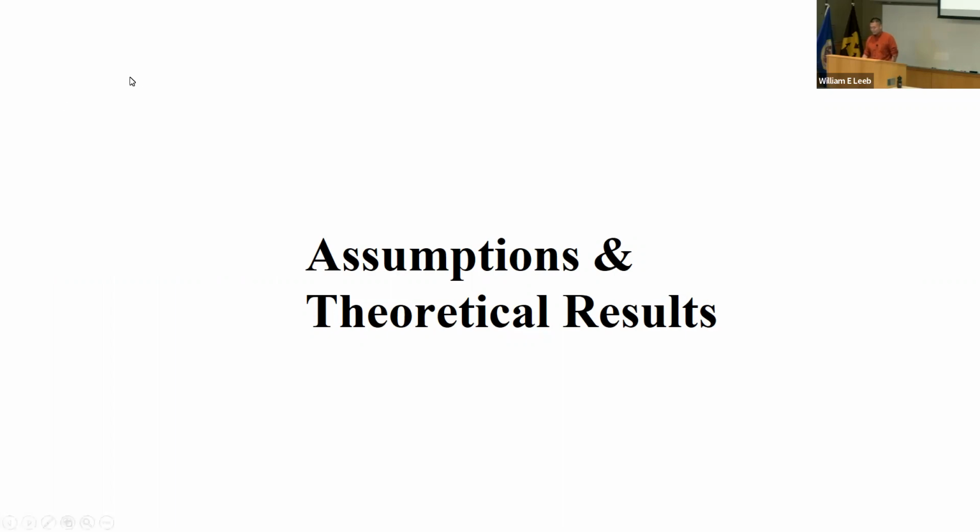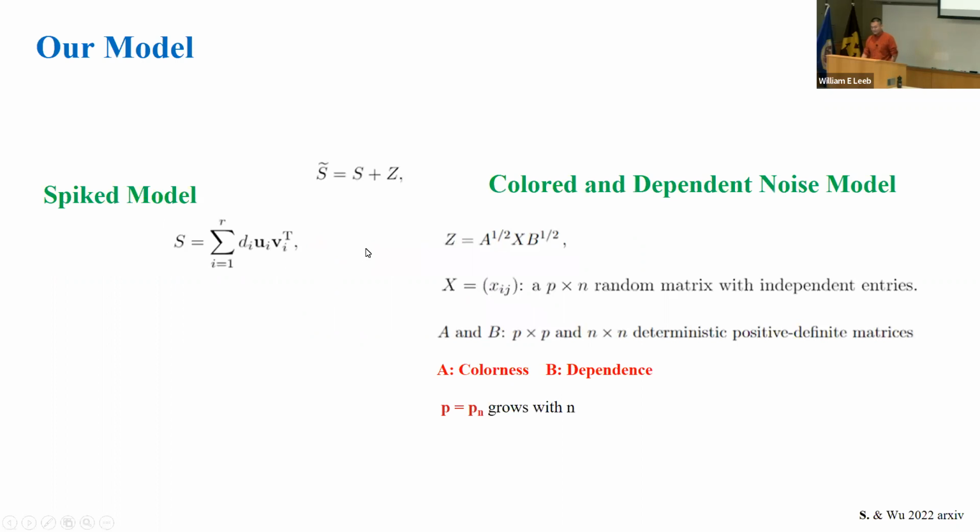So let's talk about the assumptions and the theoretical result. Again, this is a spiked model where the signal has a low rank structure, with singular values and singular vectors. And we assume that the noise has a colored and dependent structure.